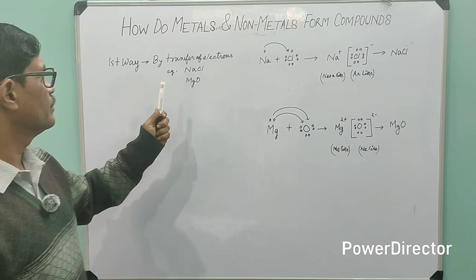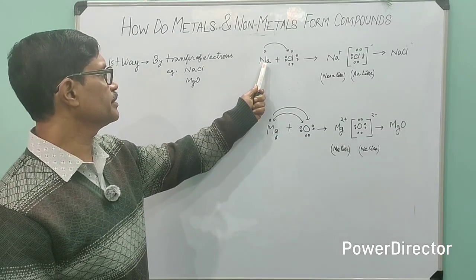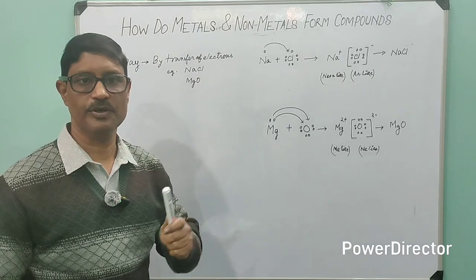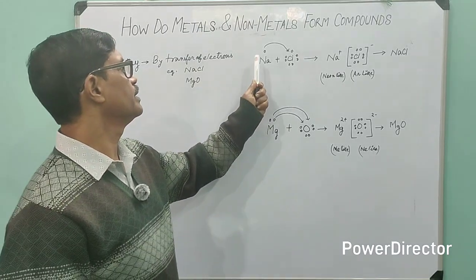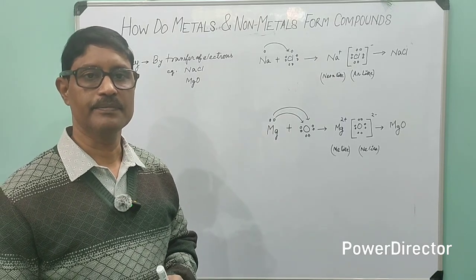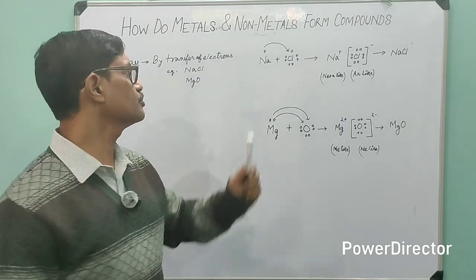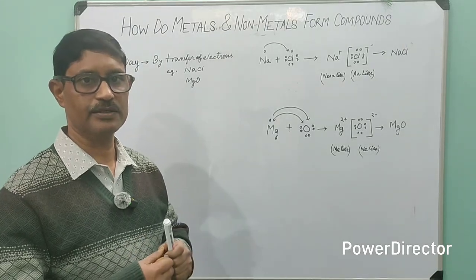Sodium has one electron in the outermost orbit, so it needs 7 extra electrons to complete the orbit. Sodium does not have so much energy to accept 7 electrons.